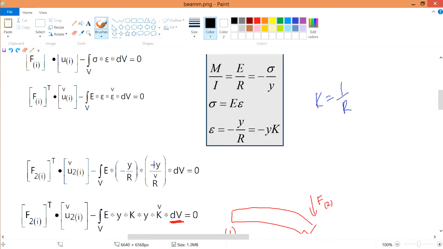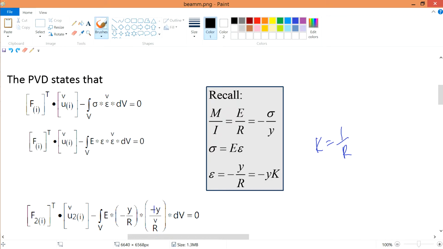And as you see again, in fact the only thing that is changing across all the subbing in is the strain. We're dealing with the strain only. The rest is just the role of the moment and the constitutive equation. However, the differences between all the PVDs, like for the bar or the beam or whatsoever later on, you'll keep talking about the strain. What strain you sub in will give you whatever different equations you have.